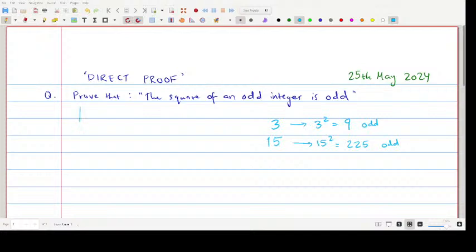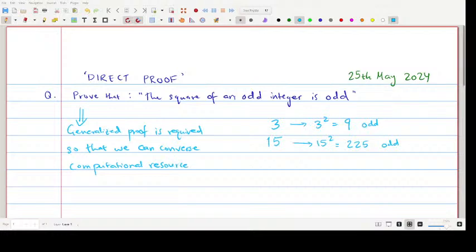The motivation here is that the generalized proof is required so that we can conserve computational resources, right? So that is why we are interested in proving that the square of an odd integer is odd, right?